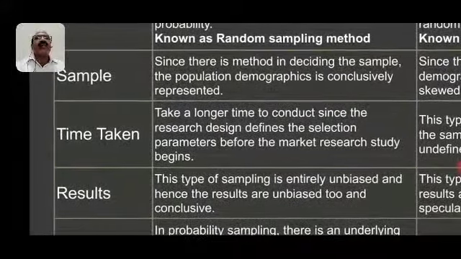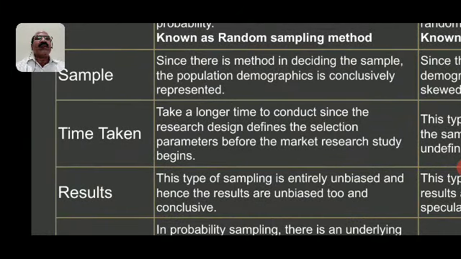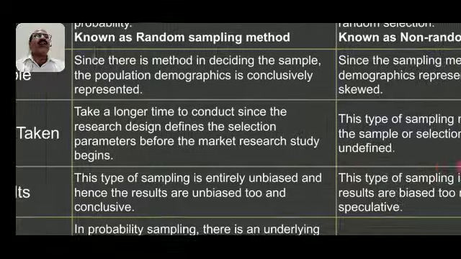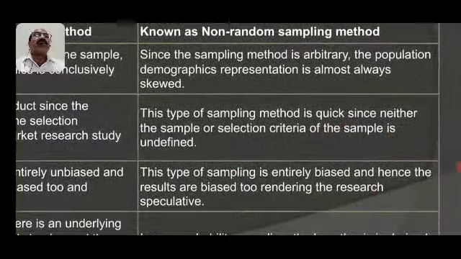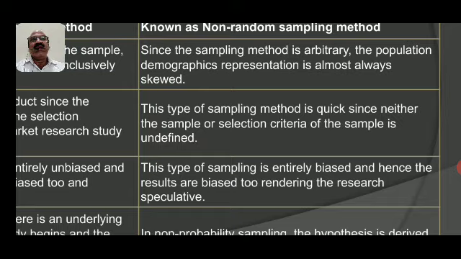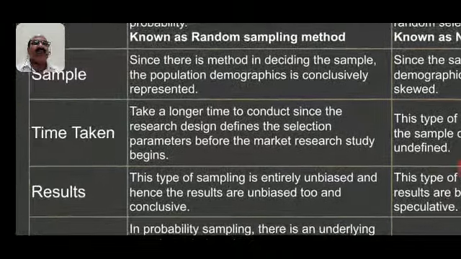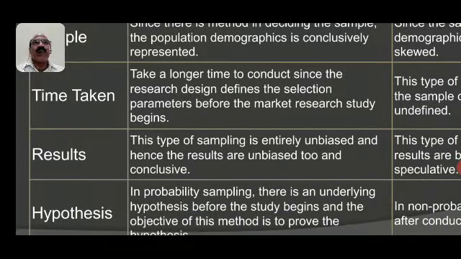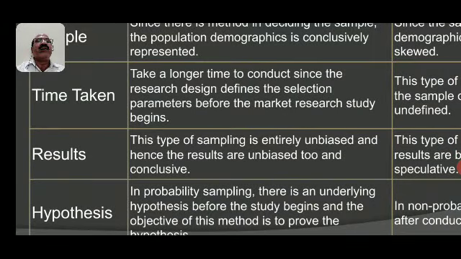Then time taken. Random means it takes longer because you have not designed it, you have to move in a haphazard way, go to different places and different objects. So it takes time. In non-probability, reducing the time factor is also in the mind of the scholar, so he or she will fix the sample accordingly. The results in probability sampling conform to the total characteristics.